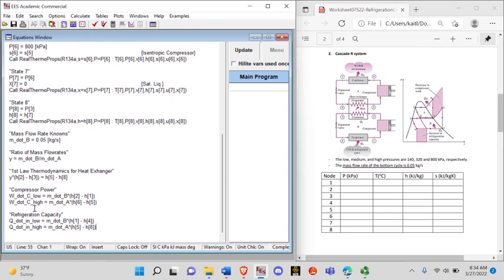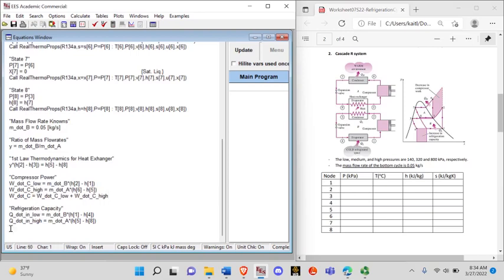So that's individually. So the total compressor power into the system, I'll just denote as W dot C, is going to equal W dot low plus W dot high. And we know the total refrigeration capacity of the system is Q dot low plus Q dot high.